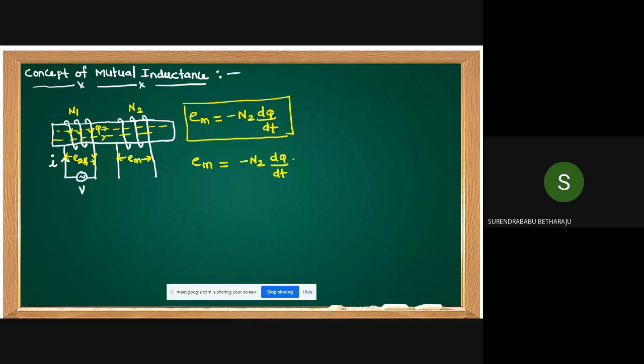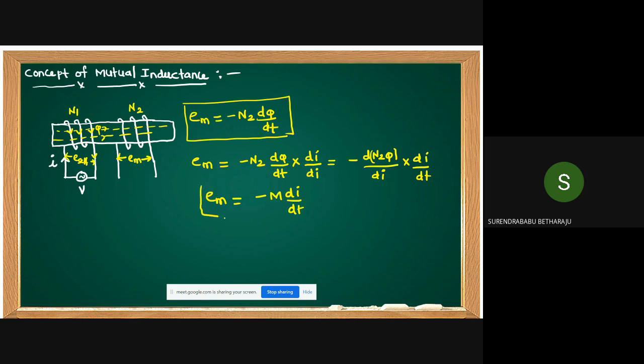Just a small modification here: minus N2 into d phi by dt. Yes, friends. Multiply and divide with di. Then I'm writing like this: minus d(N2 phi) by di into di by dt. Then what is the mutual induced EMF? The mutual induced EMF equals minus M into di by dt.